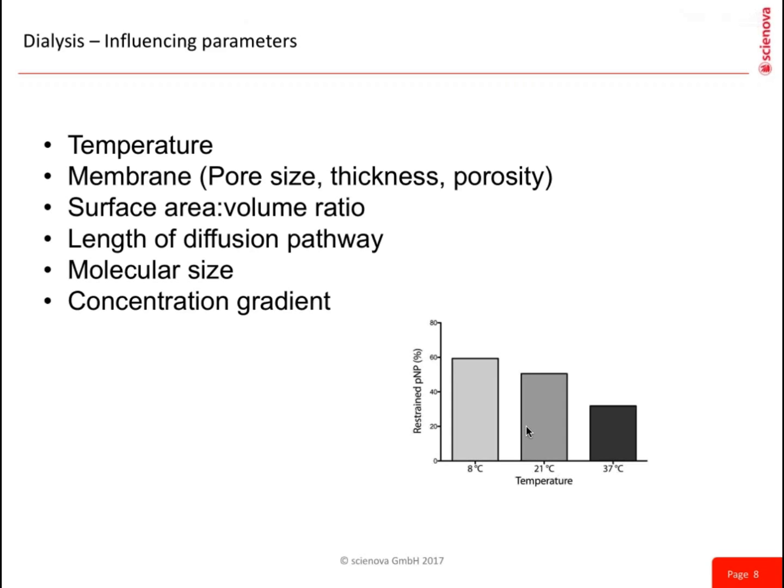So that means that at higher temperatures the dialysis runs faster than at lower temperatures. But you have to check if your sample is stable at higher temperatures. The larger the pore size of the membrane and the porosity is, the faster the dialysis speed is. A thicker membrane will decrease the dialysis speed.